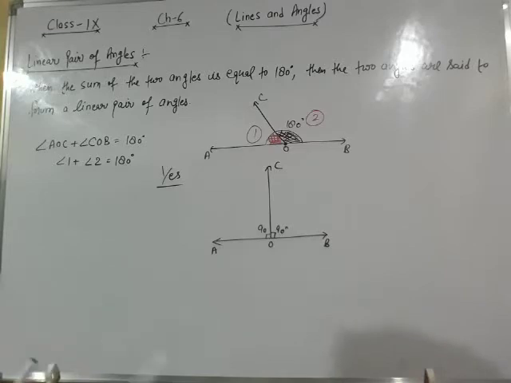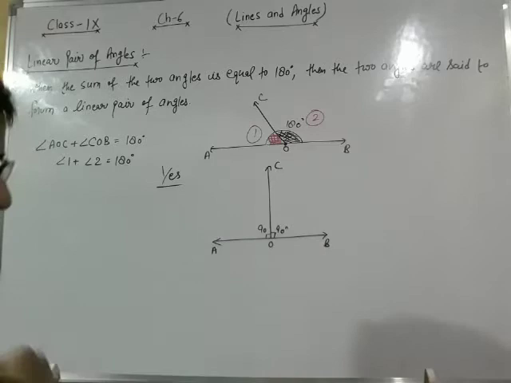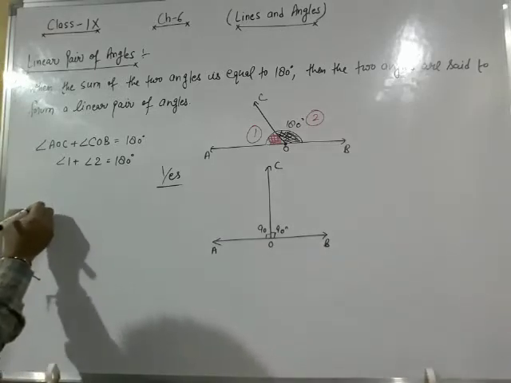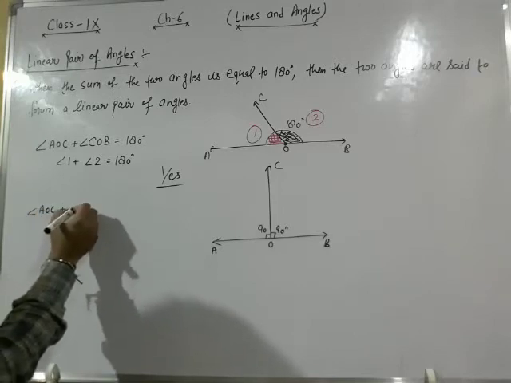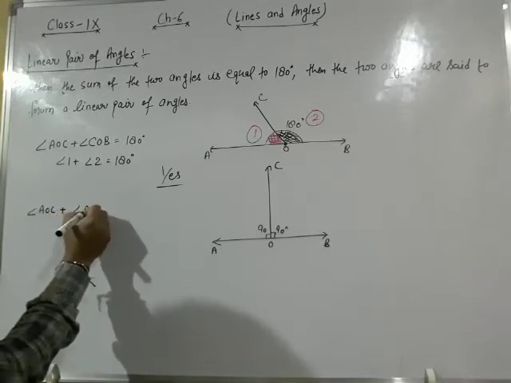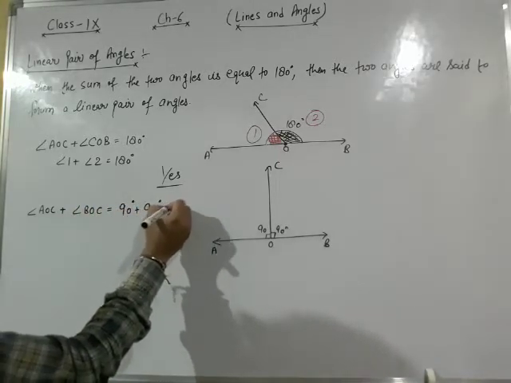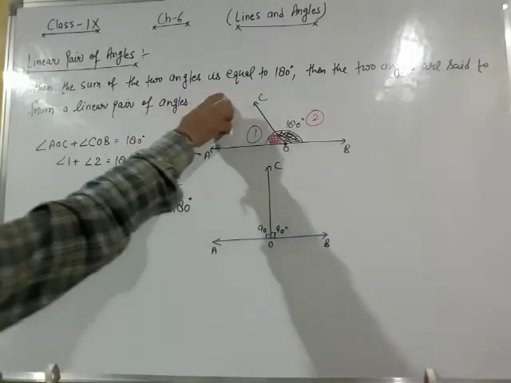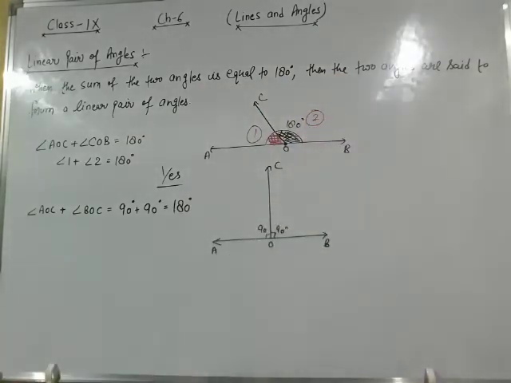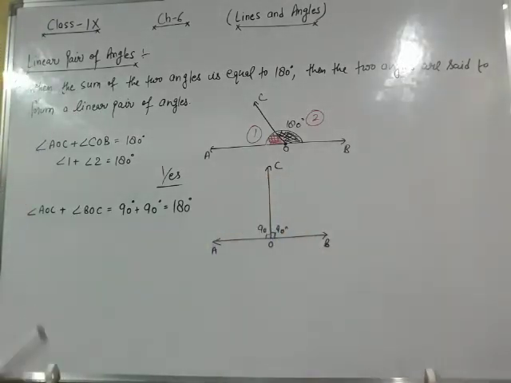Again we can observe that angle AOC is equal to 90 degrees and angle BOC is also equal to 90 degrees. In the second example, angle AOC plus angle BOC is equal to 90 degrees plus 90 degrees, which is equal to 180 degrees. And we know if the sum of the two angles is equal to 180 degrees, then the two angles are said to form a linear pair of angles. So angle AOC and angle BOC form a linear pair here.